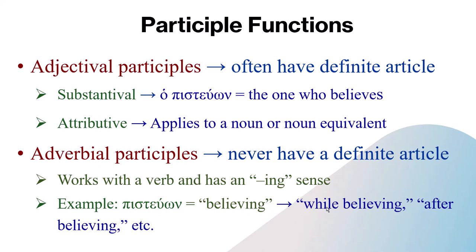So while believing, we gained much hope. I'm using the idea of believing with the verb we gained. While believing, we gained much hope. Or after believing, they were baptized. So the believing is being used adverbially along with the verb baptized.